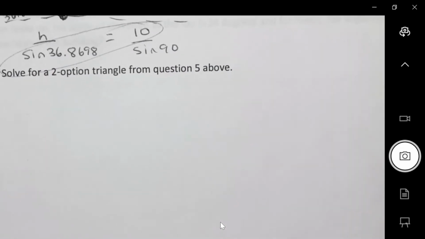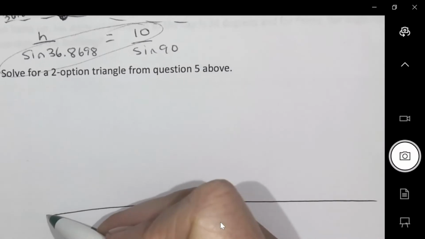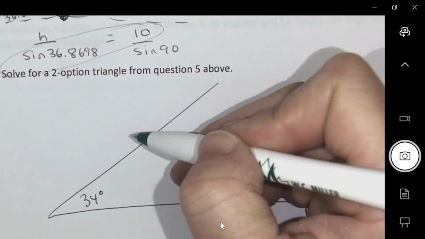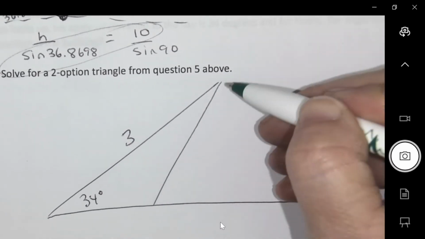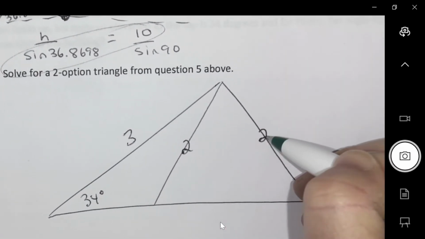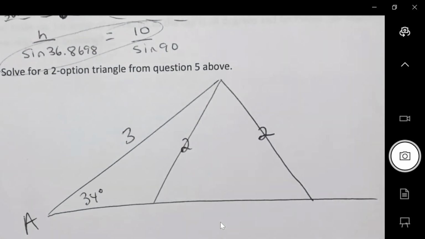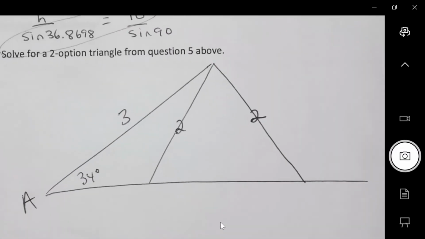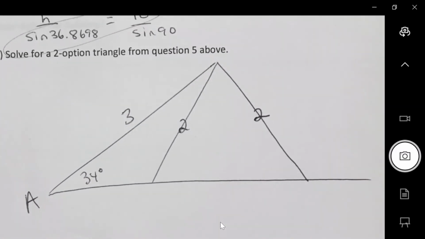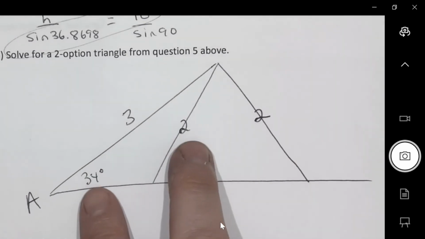Okay, solving for the ambiguous one. So this is question C. So this is the question that we're going to solve for. Okay, so I'm going to start with this pair.